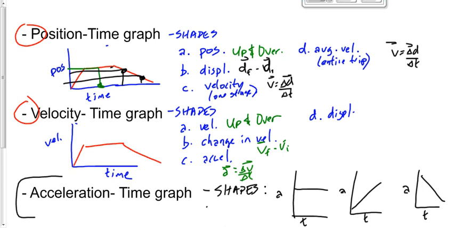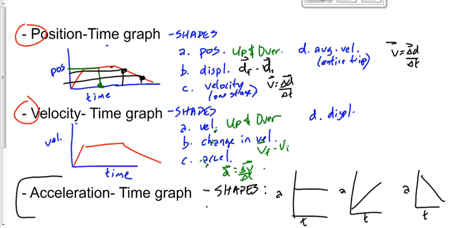Finding velocity gives you the change in velocity, finding the change in velocity gives you the acceleration. Delta v over delta t? No. It's all good there.